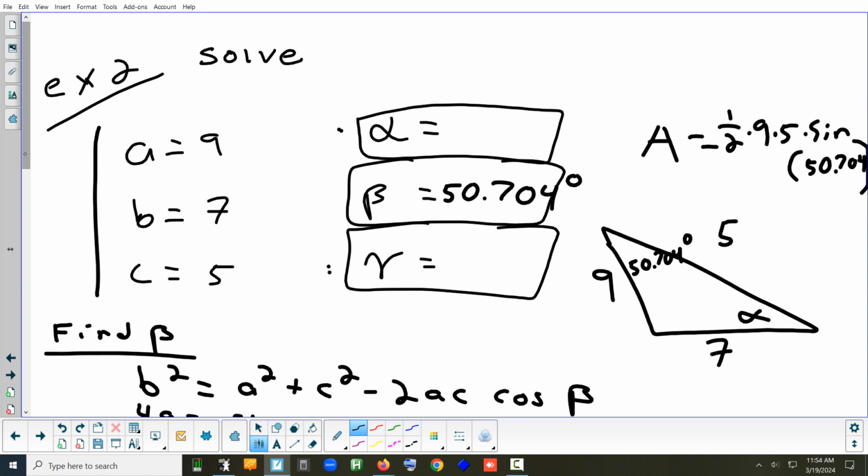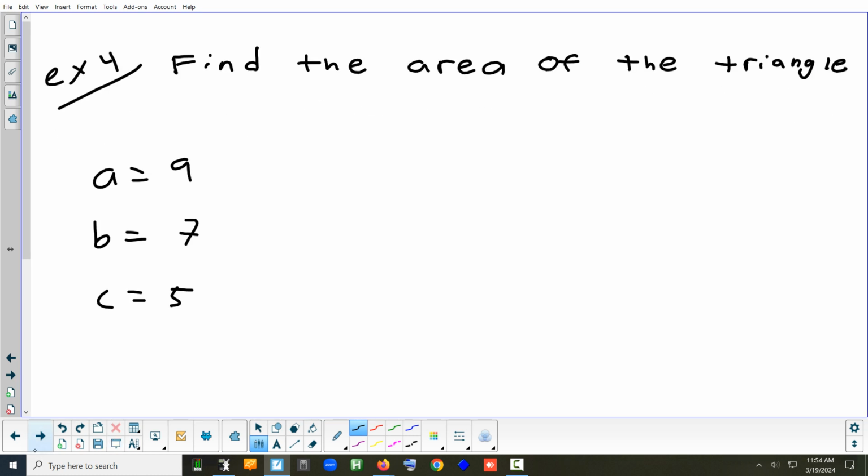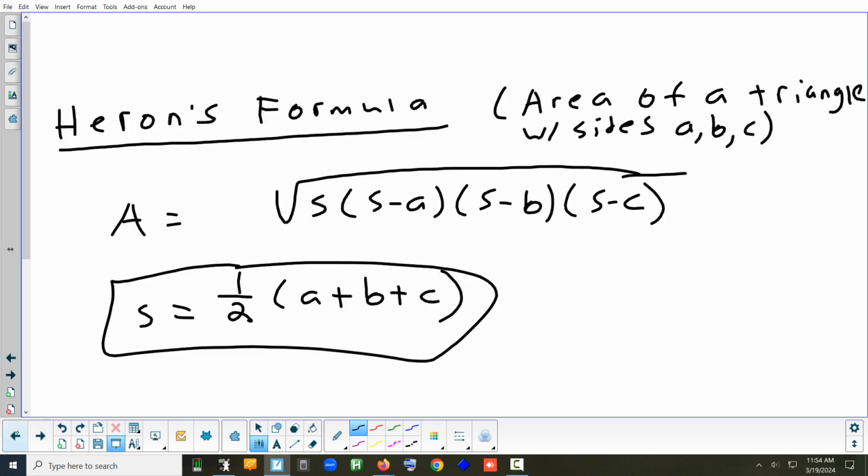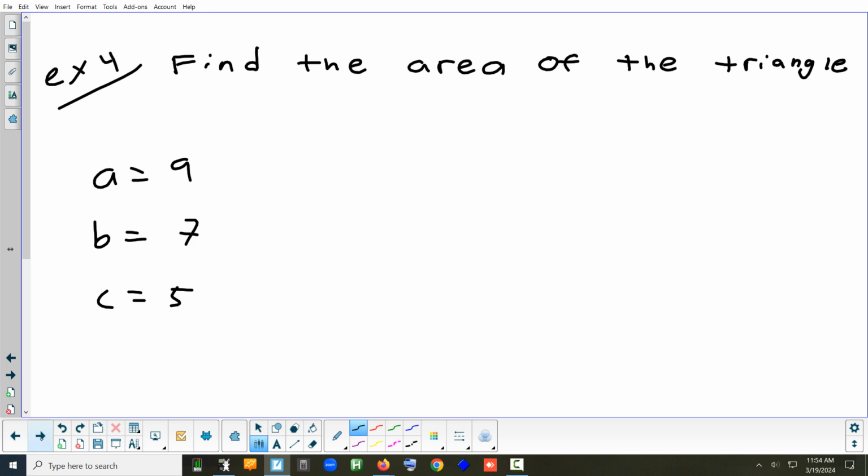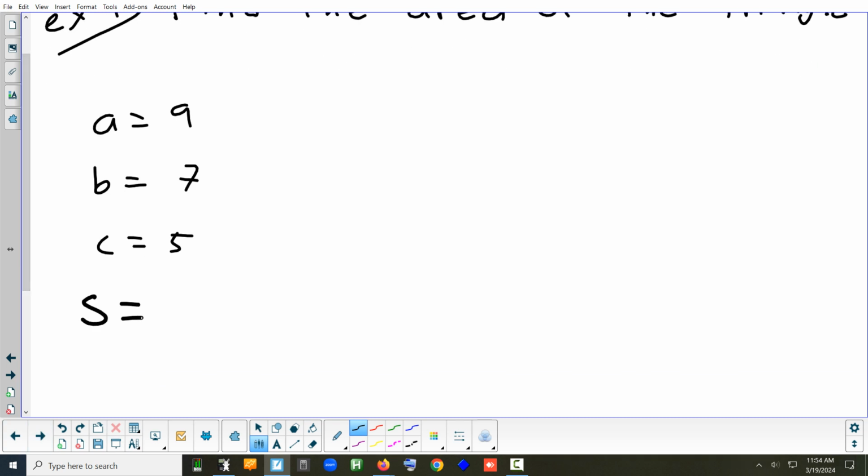Now, let's try to find the area of that same triangle, 9, 7, 5. But let's pretend we didn't already do law of cosines and we don't know any of the angles. So we're going to use Heron's formula. All right, so let's start with the semi-perimeter.